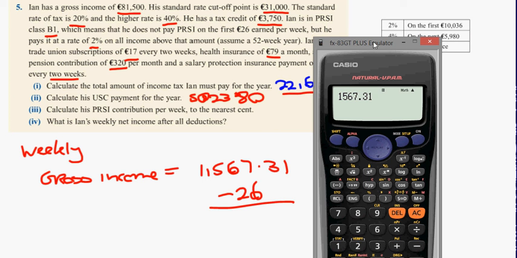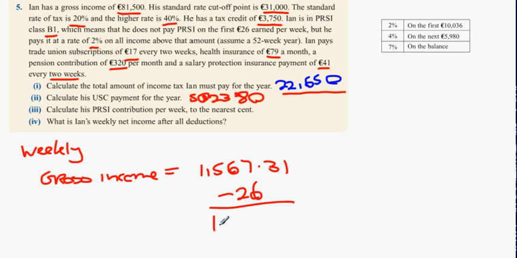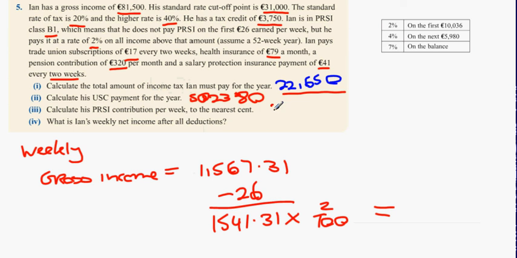We take away minus 26, and once we've done that, we're going to pay 2% on this. So 1541.31 multiplied by 2%. And what that gets us is our PRSI contribution per week, €30.83.